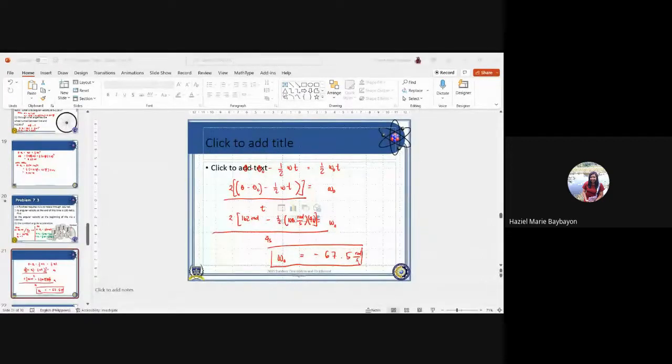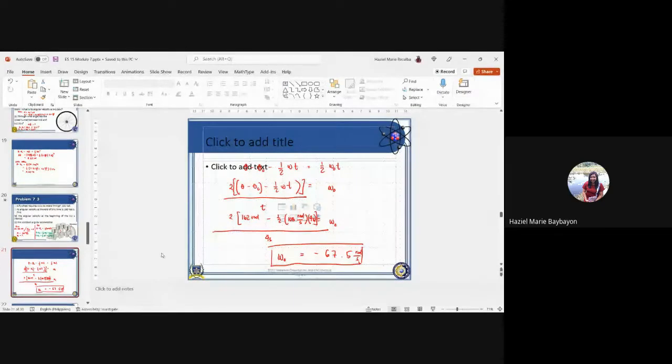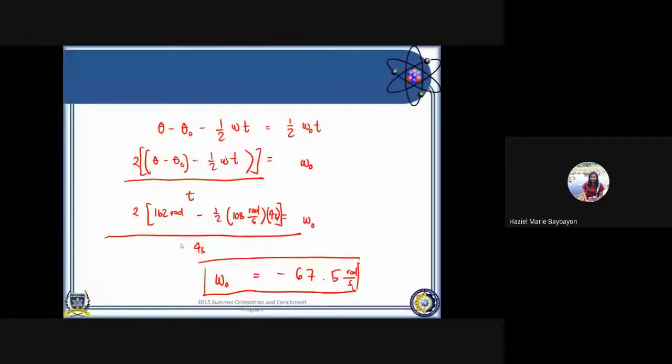Is this correct? Can you please verify lang class kay akong kalkyo kay cellphone. Initially, negative siya na omega and then nagka-increase. Now, napay last, kuwaon nato ang acceleration.